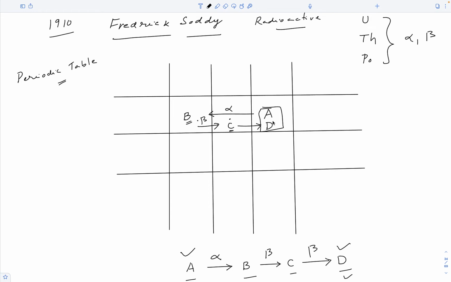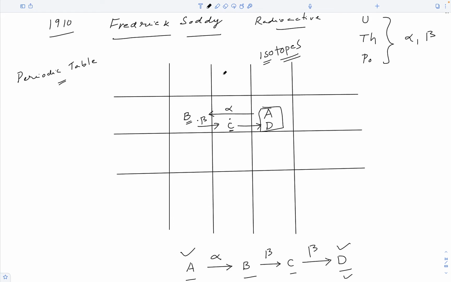So he thought that A and D are two different elements that have the same position in the periodic table with identical chemical properties. Because they have the same position in the periodic table, he called them isotopes. Iso means same, topos means location. Two different elements found in the same exact location in the periodic table.